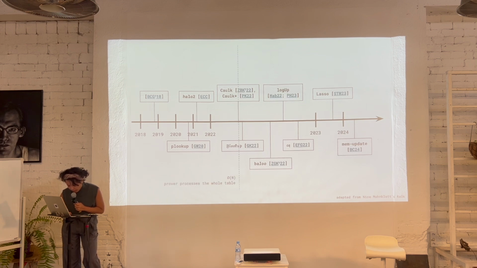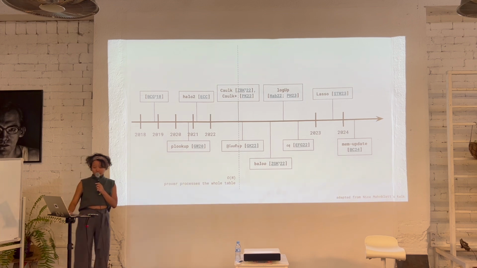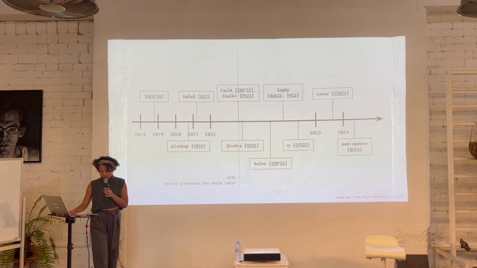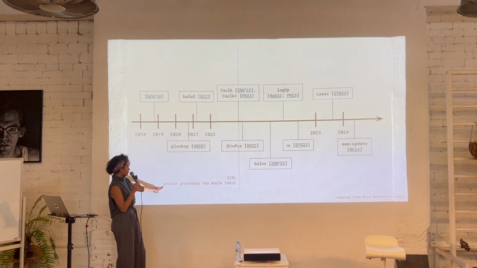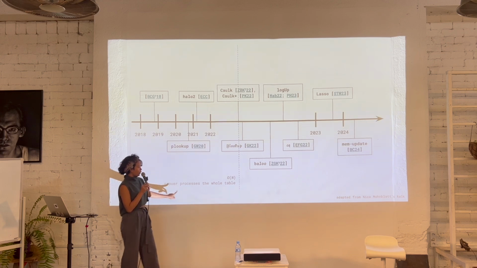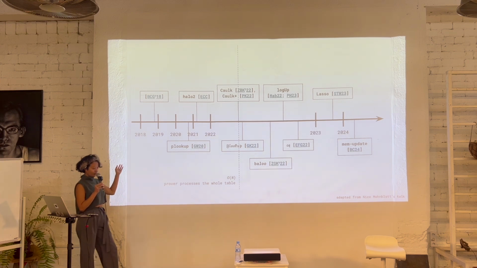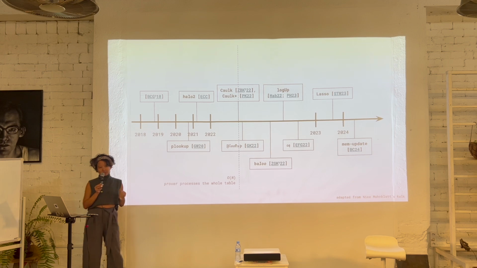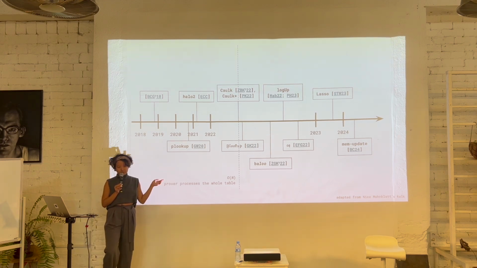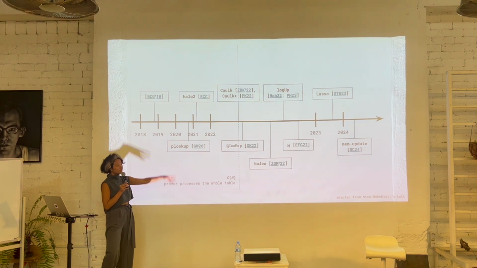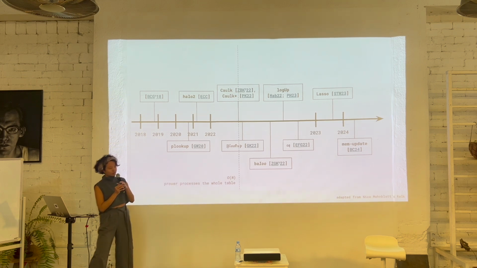Up till 2022, we only had lookup arguments that were O(n) in the size of the table, meaning even if we're only accessing a few inputs in the table, we still have to pay for the whole table. And sadly, that was the case up till 2022.